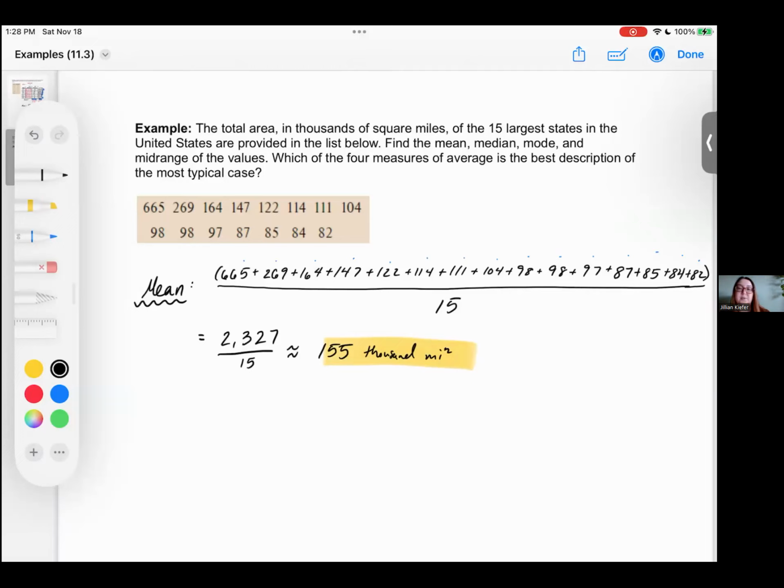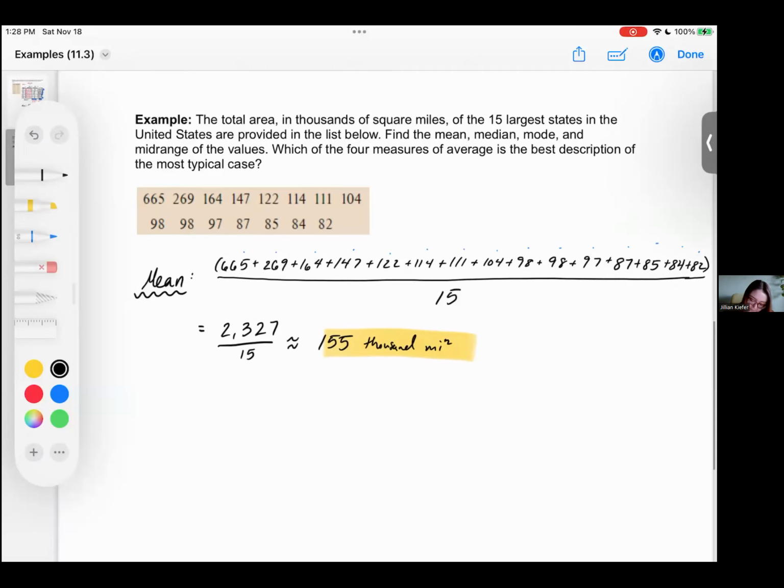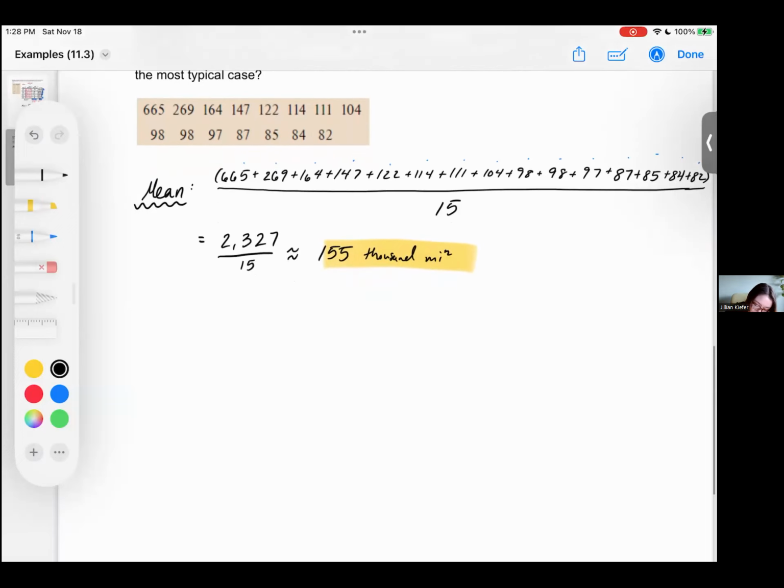So now we can go ahead and do the median. For the median, we know this means rearranging our numbers from least to greatest or greatest to least. Once again, it doesn't really matter if you choose least to greatest or greatest to least, but typically we always go least to greatest.